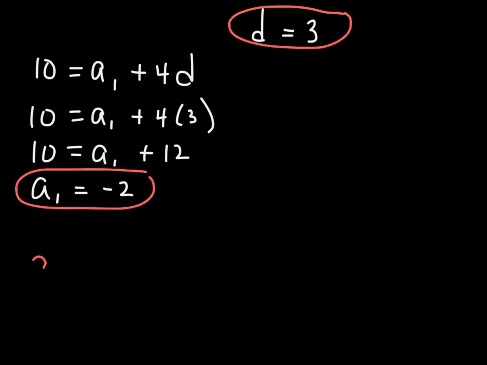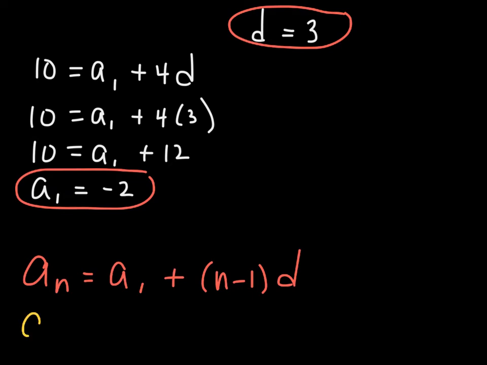Here we go. a sub n is equal to the first term, which is negative 2, plus n minus 1 times 3.